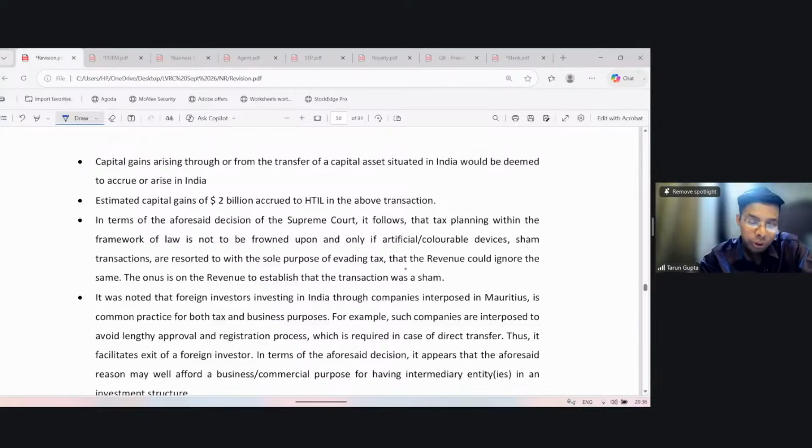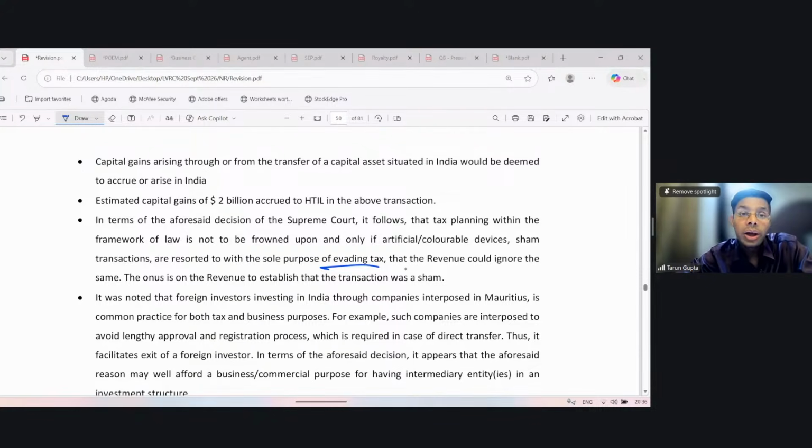In terms of the aforesaid decision of the Supreme Court, it follows that tax planning within the framework of law is not frowned upon, and only if artificial or colorable devices or sham transactions are resorted to with the sole purpose of evading tax can the revenue ignore the same.